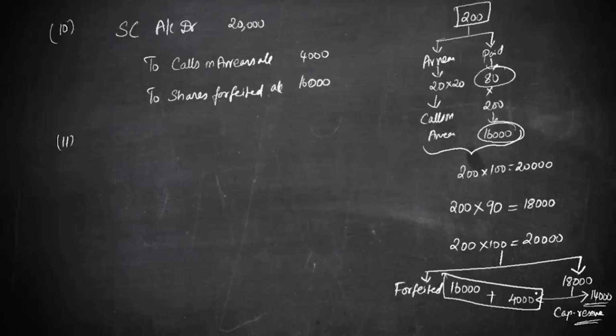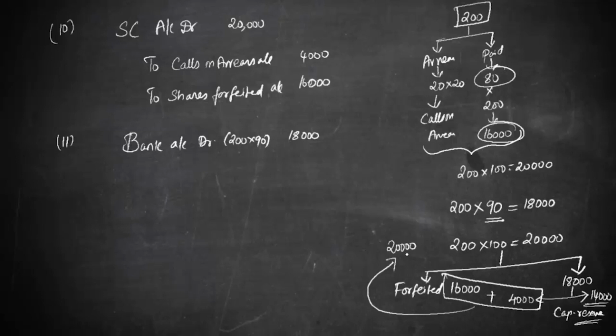So what is going to be the entry when you make a reissue of forfeited shares at 90? You are going to get money. So bank account debit, which is 200 into 90, which is 18,000. That's fine. Now when you reissue forfeited shares, your capital will again go back to 20,000.